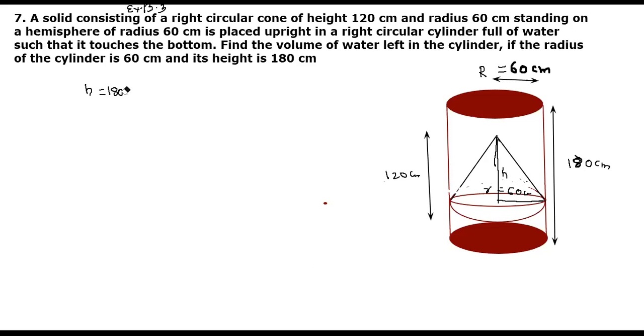From 120 you can subtract the radius, because from here to here it is 120, and this is the radius of the hemisphere.